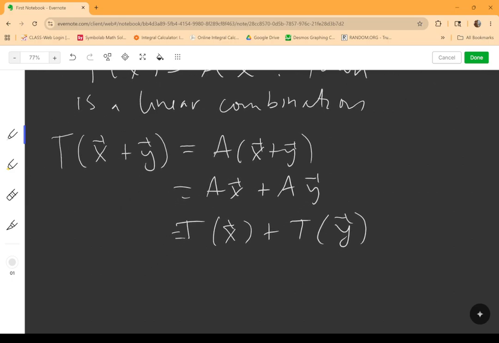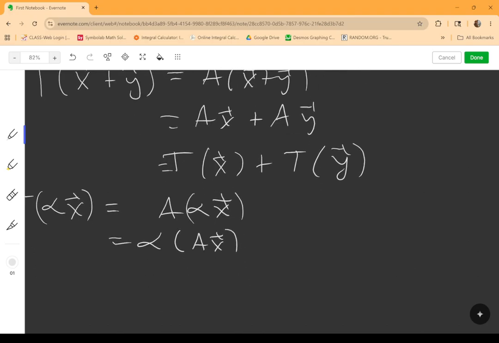And the same goes for the scalar multiplication. If you have A times c x, then by associativity you can actually write this as c times Ax, right? Well, this is just c times T of x.